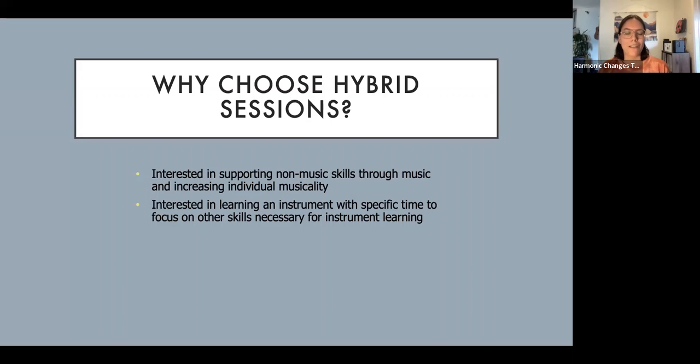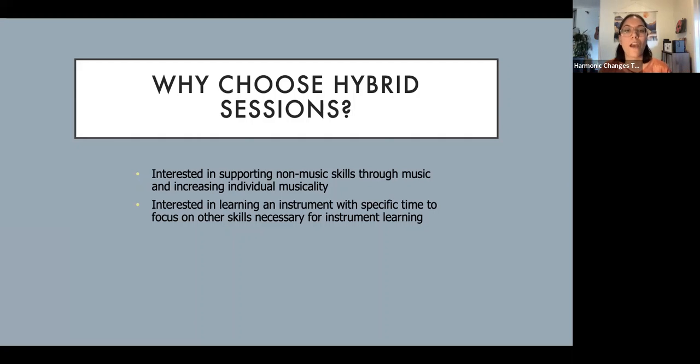And I make this distinction from adapted lessons and the hybrid session specifically because when we know that we have the flexibility to pull back from learning just, let's say, the piano, when we know that we have this space to maybe take some time and incorporate music therapy intervention while also taking time in the same session space to learn songs, and we have a little bit of flexibility to move between those, that's a really nice space for individuals who want to have music skills, but also want to support the non-musical.